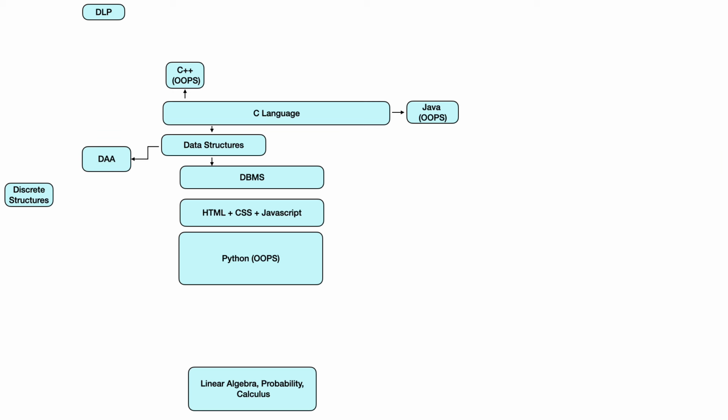Then we have DAA, which is design and analysis of algorithms. It is kind of an extension to what we study in data structures, where we analyze the time complexity of various algorithms. Here we first get introduced to the asymptotic notations like big O, theta, and omega, and we study various algorithmic techniques like the divide and conquer approach, which is usually applied in binary search, merge sort, and quick sort.